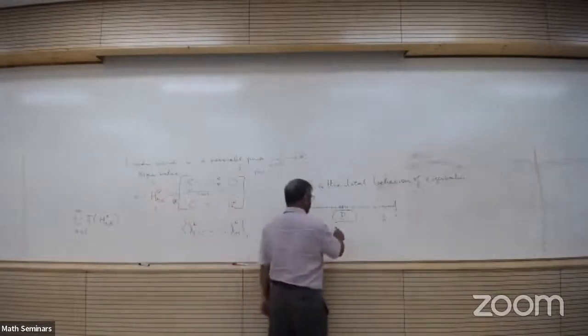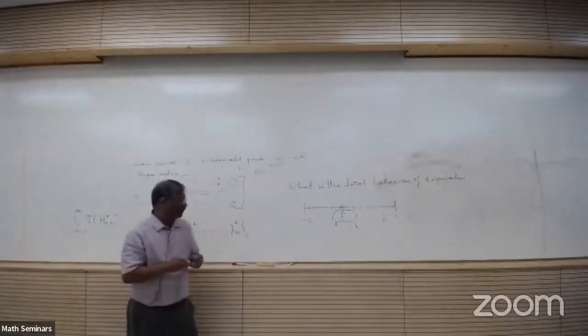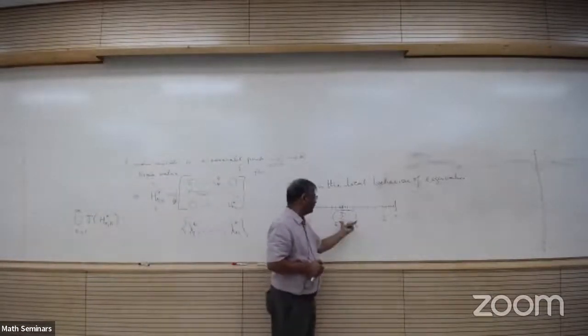So take an interval AB here. Then at this stage n, there are finitely many numbers.